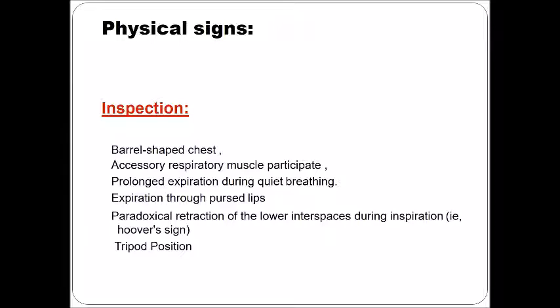Prolonged expiration during quiet breathing, because of obstruction of the airway, expiration will be prolonged. Then expiration through pursed lips, obstructive sleep apnea. Then paradoxical retraction of the lower intercostal spaces during inspiration, which is called Hoover's sign. And the patient will have a typical position, which is called tripod position. The patient will be comfortable in that position.